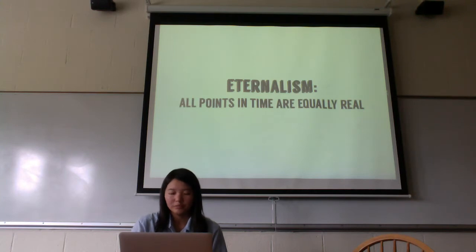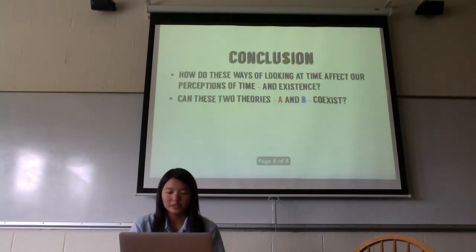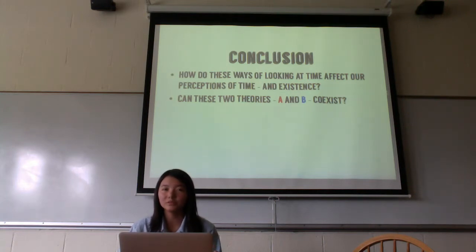And what's pretty interesting about these two main theories is that they relate to how we perceive existence, not just time. So we saw in the A series that we consider the present to be very important. And presentists take that to a whole other level, saying that we only know the present, so only the present is real.